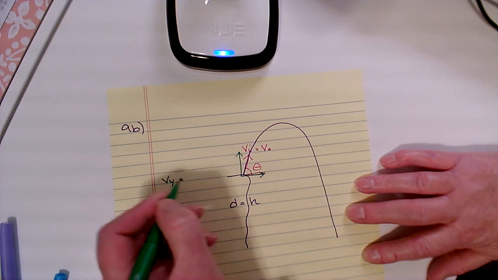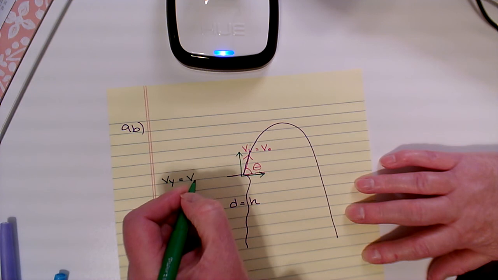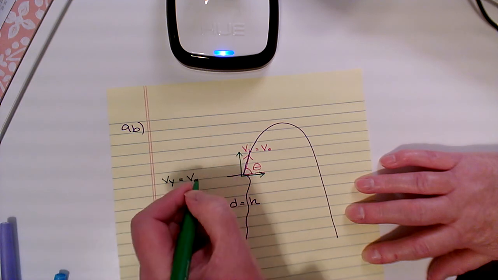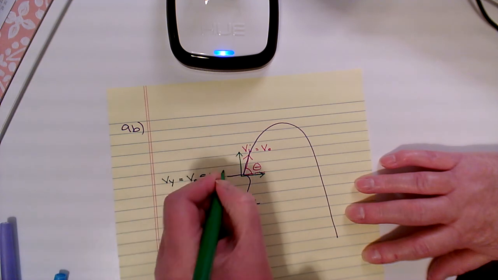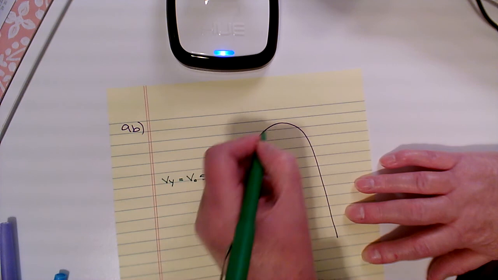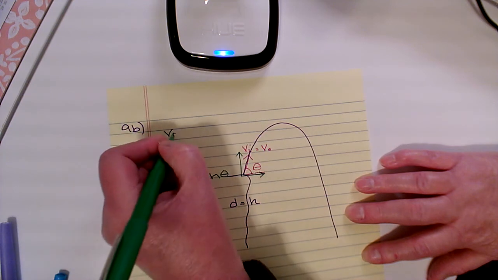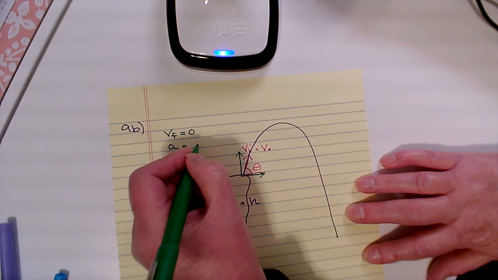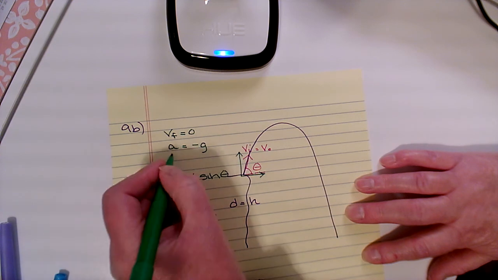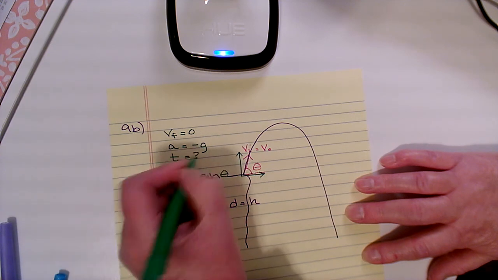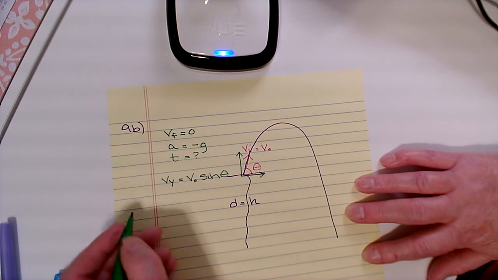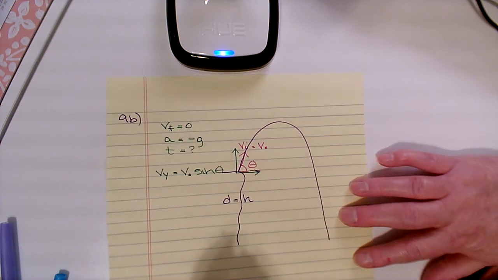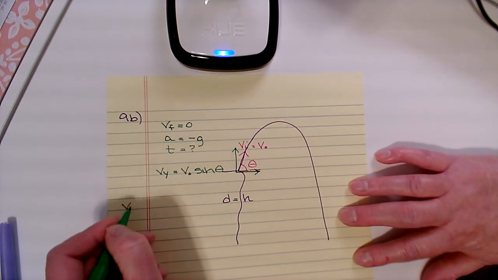So the y component would be equal to the initial velocity, which is v0 times sine of theta. And then when it goes up to the top of the path, the final velocity would be 0. It's going to be slowed down by a negative g, and I'm trying to find the time to do that.